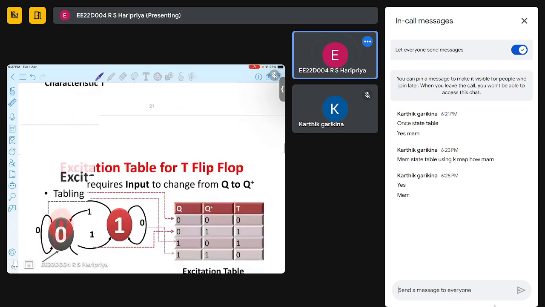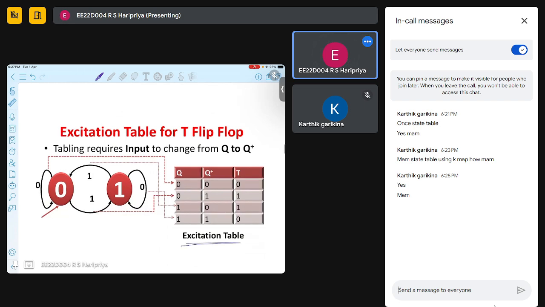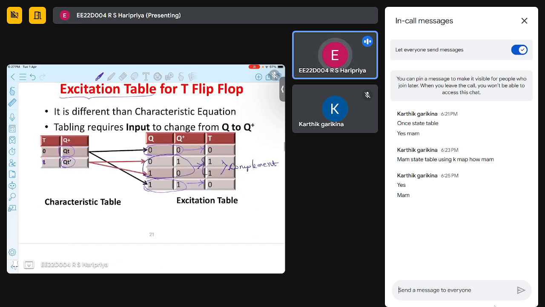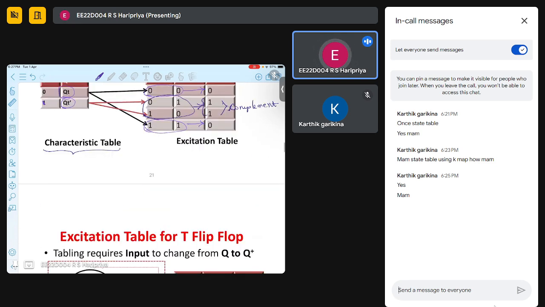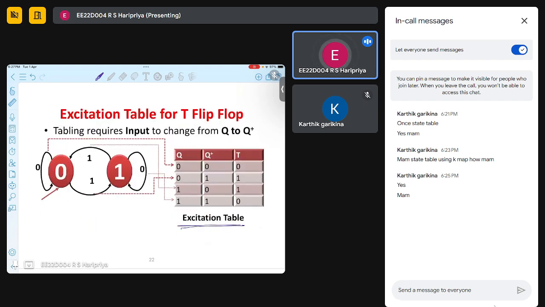So the excitation table for T flip-flop is this, and we can draw it from the characteristic equation, or we can also have a state diagram and then the excitation table. Any doubts in excitation table?